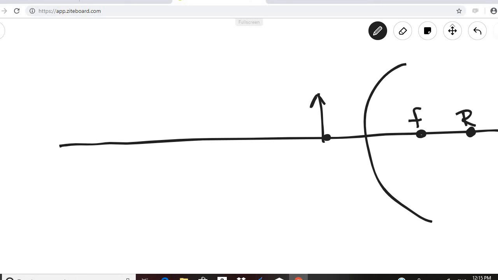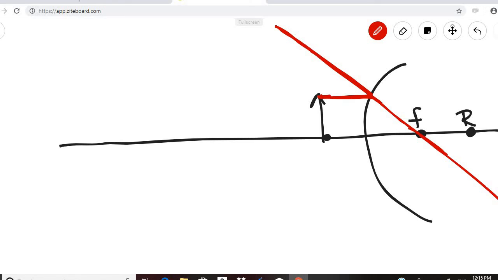Okay, so then we look at our lines. Something that comes in horizontally will reflect out as if it came through the radius of curvature. So it's going to come in like this and reflect out like that.